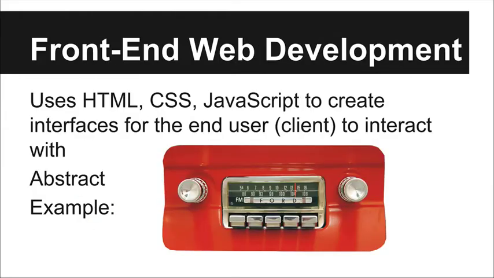All right, so let's define what front-end web development is. Anything that requires HTML, CSS, and JavaScript is considered front end. You build an interface for the user to interact with. For example, this car radio is a user interface. What's great about this is that when you turn certain things, the volume or the channel changes, and the user really doesn't have to know how that works in the background.